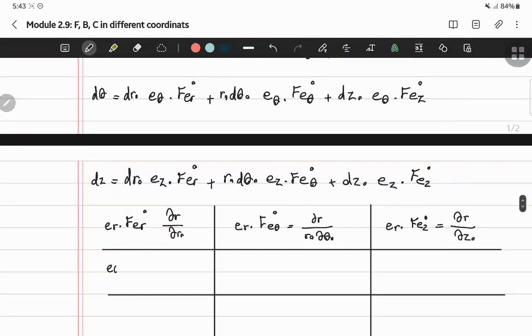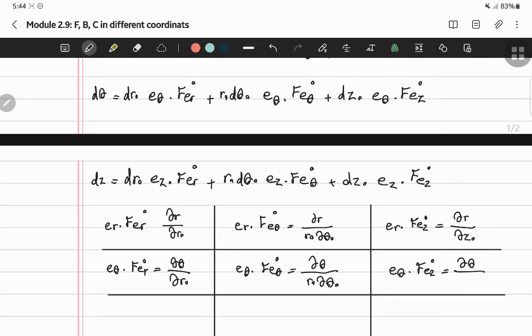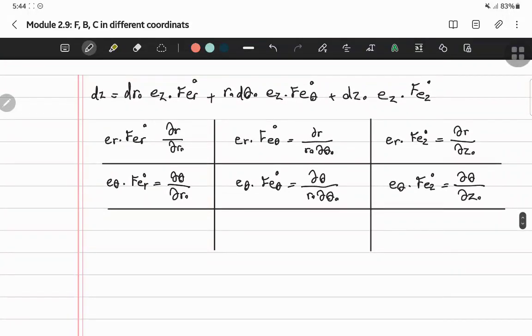So we have e_theta dot F e_R0 equal to partial derivative of theta with respect to r0. Then we have e_theta dot F e_theta0, partial derivative of theta with respect to theta 0. And then we have e_theta dot F e_z0, which is partial derivative of theta with respect to z0.